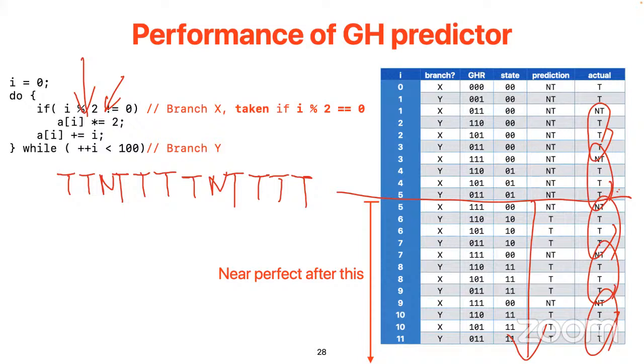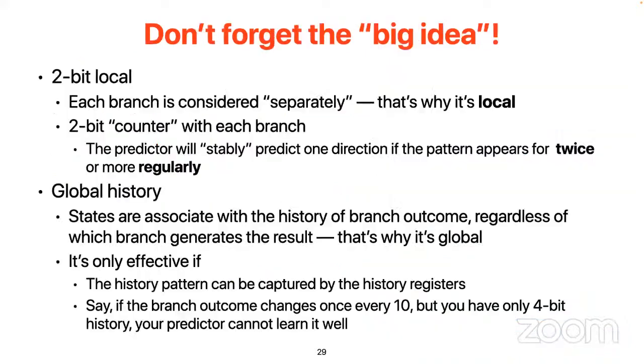So based on that, if you understand the rationale behind both predictors, here's the big idea of our branch prediction. A 2-bit local predictor considers each branch separately, maintaining the state of each branch. So no matter how other branches behave, it won't affect its opinion on a single branch. Very professional, to be honest, right?